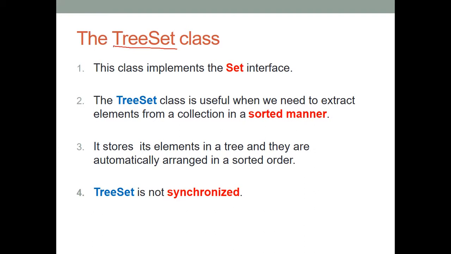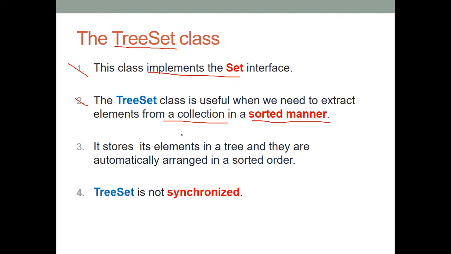So TreeSet is one of the classes in the hierarchy of Set. TreeSet implements the Set interface. You can understand it easily because I made this slide to be very easy to understand. The TreeSet class is useful when you need to extract elements from the collection in a sorted manner.